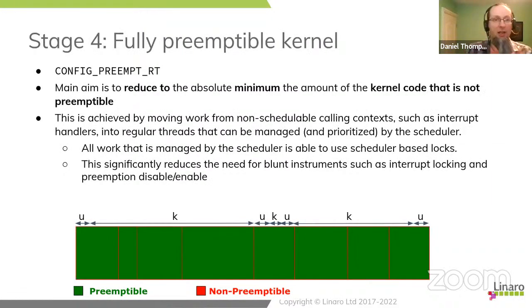Anyway, just as an aside, fully preemptible kernel, CONFIG_PREEMPT_RT. At this point, instead of reusing other infrastructure, there has been an active, conscious, deliberate effort to try and find ways to reduce to the absolute minimum the periods where the kernel is not preemptible.